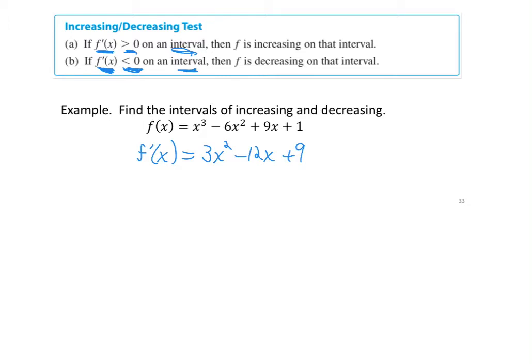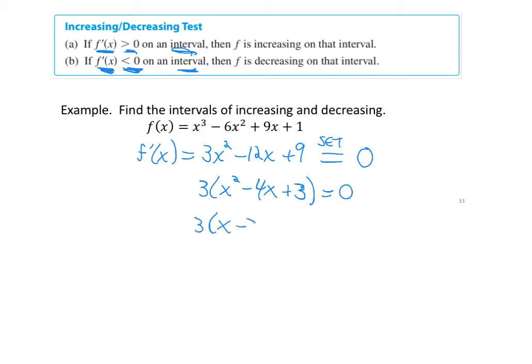Now to figure out where something is positive or negative, it helps to know where it's equal to 0. That's why we're going to set this derivative function equal to 0. If I do some factoring, I'm going to have 3 times the quantity x squared minus 4x plus 3 equals 0.